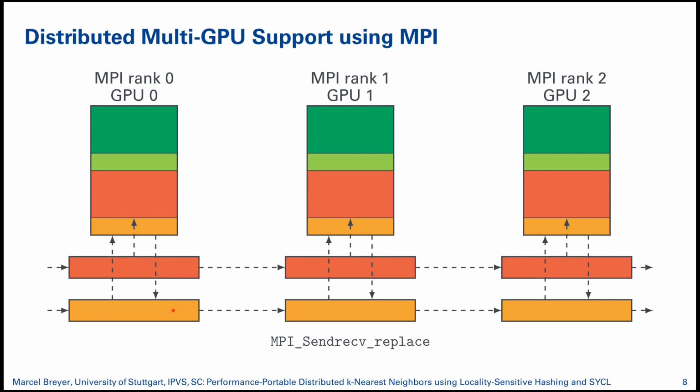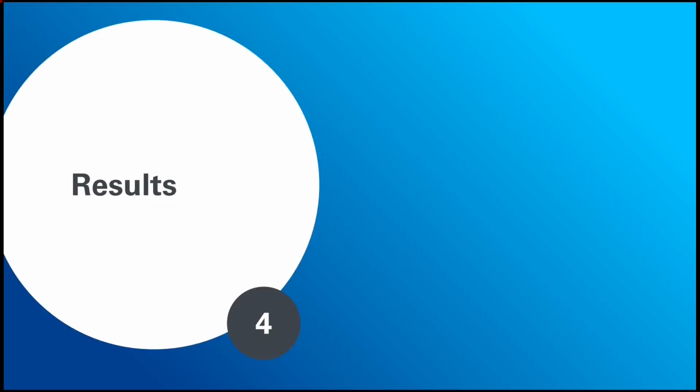Additionally, the KNN from the previous MPI rank are received, copied to the device, then updated using the received part of the dataset, the previously generated hash tables and the read part of the dataset, and then copied back to the host and sent to the next MPI rank. After all rounds, in this case 3, have been finished, the final k-nearest neighbors are calculated, which now leads me to my results.